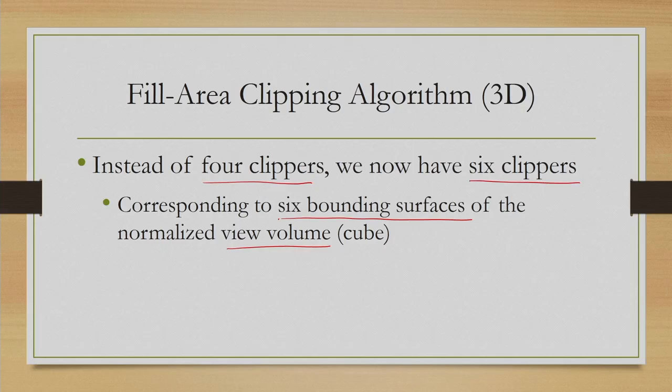So, these are the differences between the 2D version of the algorithm and the 3D version. Earlier we were considering a line at a time for clipping, now we are considering a surface at a time. These surfaces are polygonal surfaces, and we can convert them into triangular meshes, and then we perform clipping for each triangle at a time.